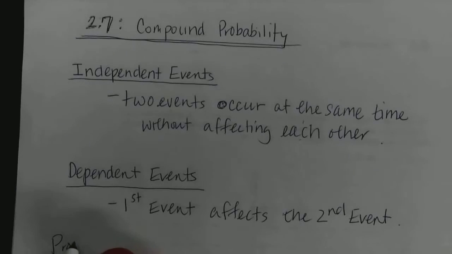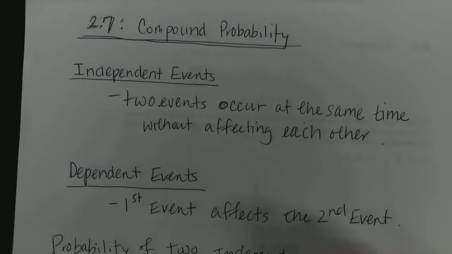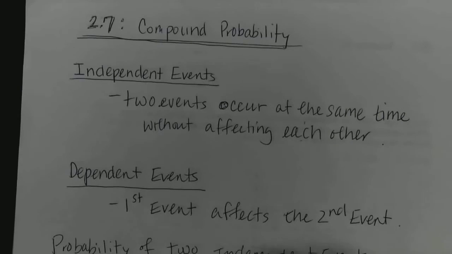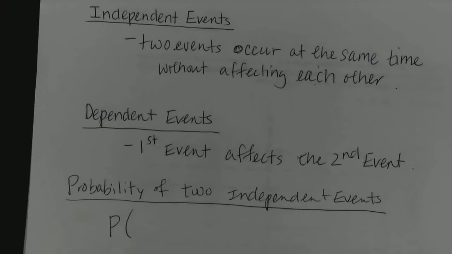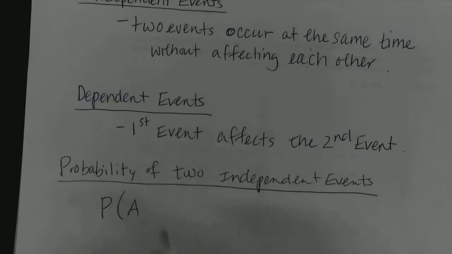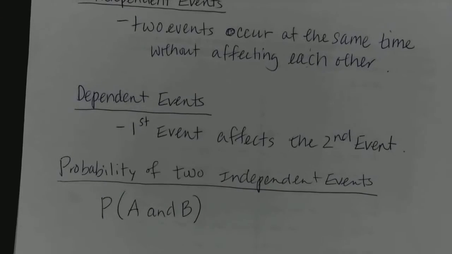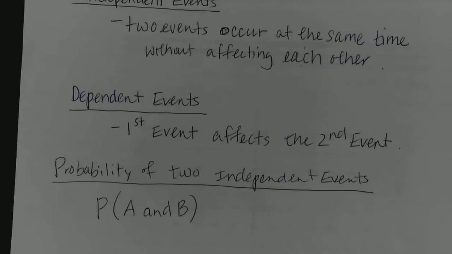Okay, so the probability of two independent events is written like this: P of A and B. This is independent.